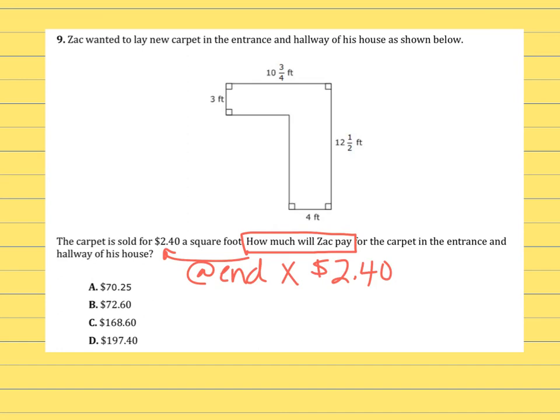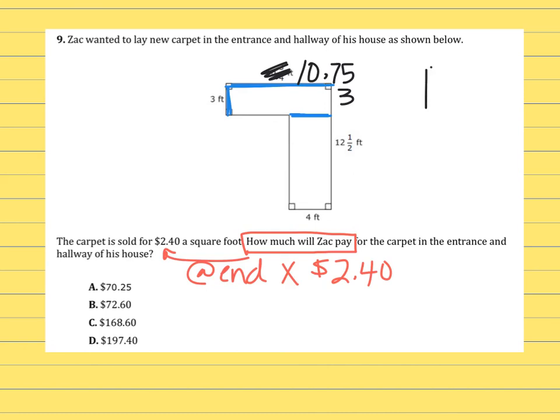So I'm going to take this L shape, or a 7, whatever you want to call it. I'm going to cut it into 2 separate rectangles, and then I'm going to do the area of each one of those. So this one I know is 3. And then I know this top part, instead of 3/4, I'm going to make this say 10.75. Okay? So I have 3 on the side, I have 3 on this side, and then again, 10.75 would be below.